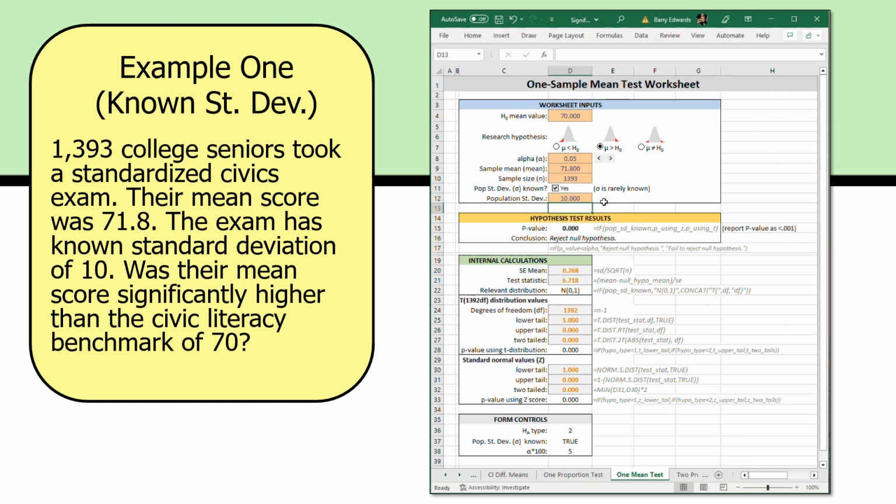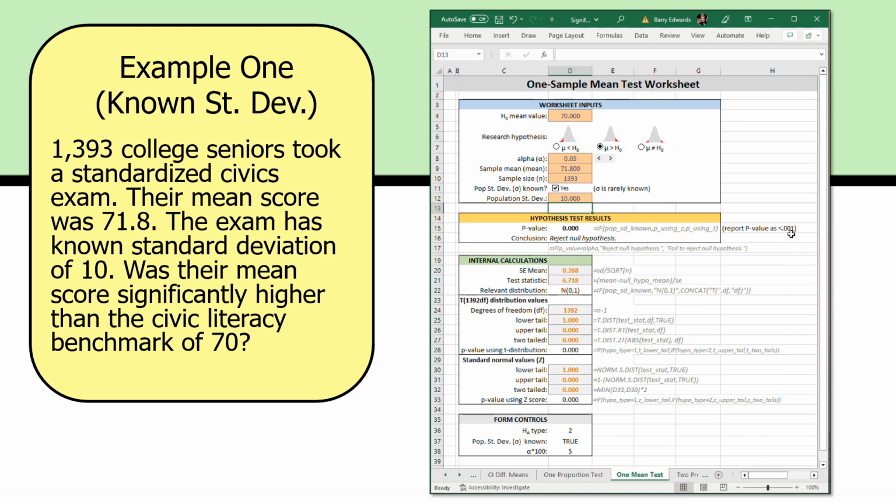Now it's going to report our results. It says that the p-value is 0.000, and has this note to the side: report the p-value as less than 0.001, because it can't be 0, but it is less than 0.001.